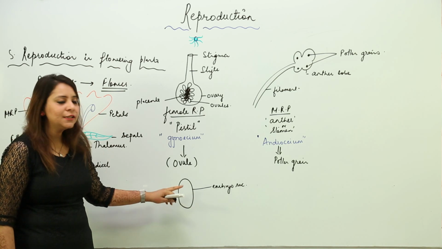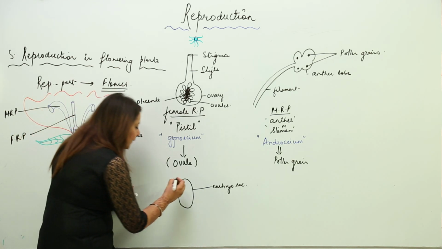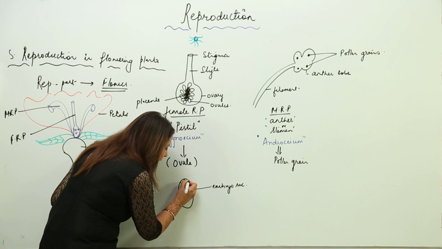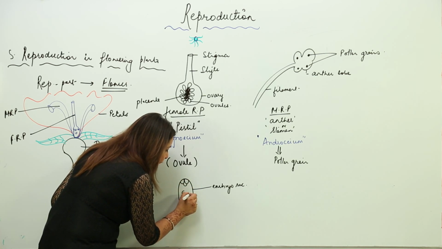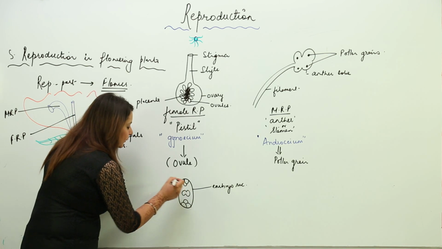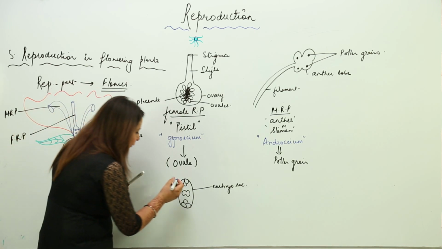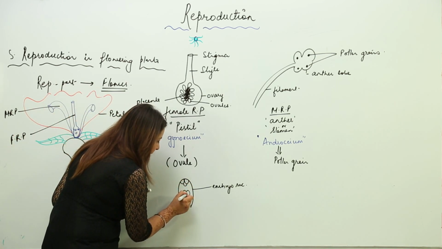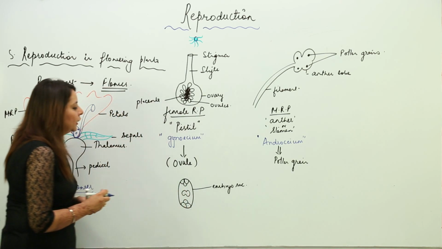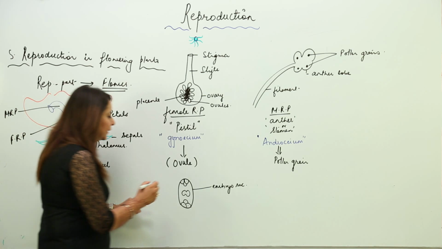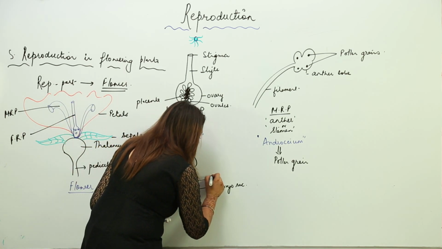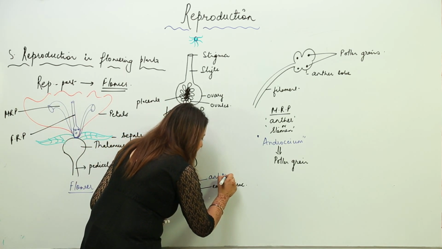It has 3 cells towards each corner. So let us draw that. 3 cells here, 3 cells this side, and 2 cells fused together. Let's make the nucleus of all like this. The 3 cells present at this end are called antipodal cells.